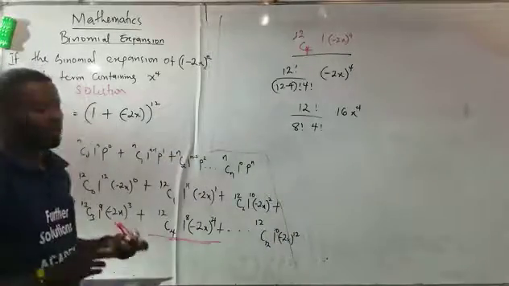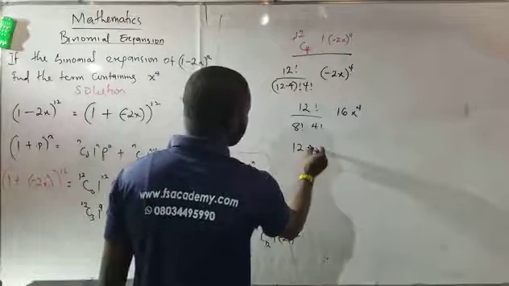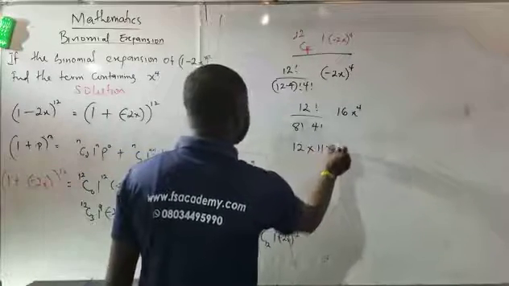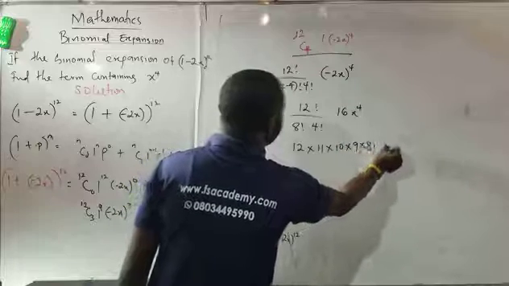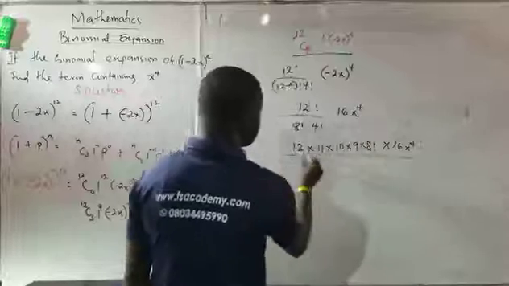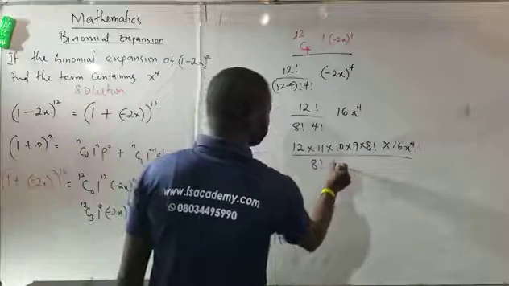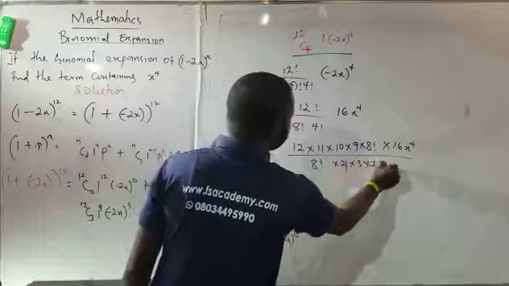Now, the next thing I will need to work on, I will have 12 multiplied by 11, multiplied by 10, multiplied by 9, multiplied by 8 factorial, multiplied by 16x raised to power 4, everything divided by 8 factorial, multiplied by 4, multiplied by 3, 2, and 1.